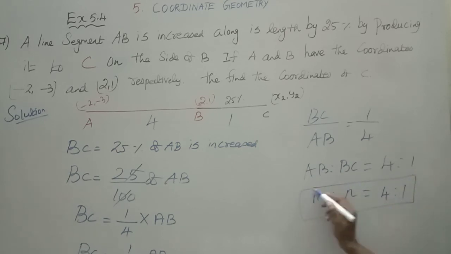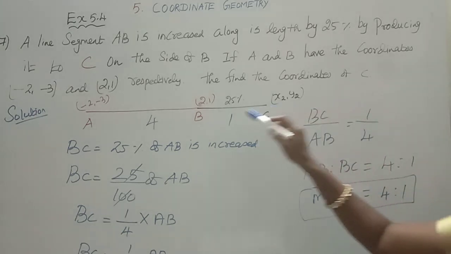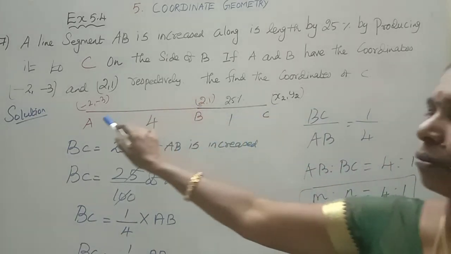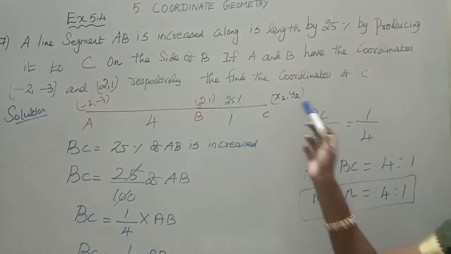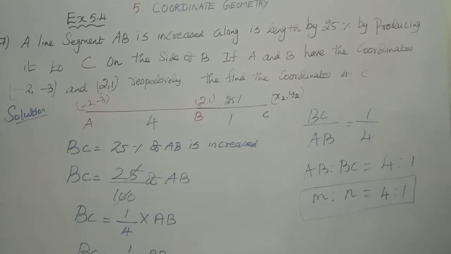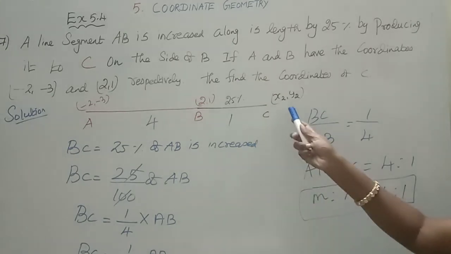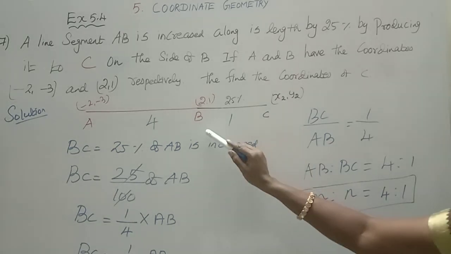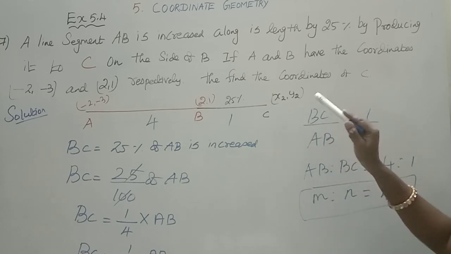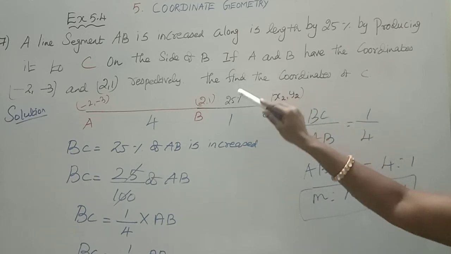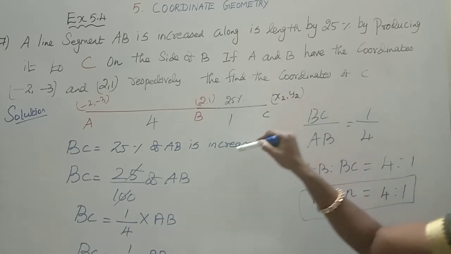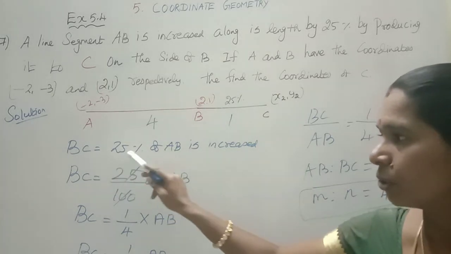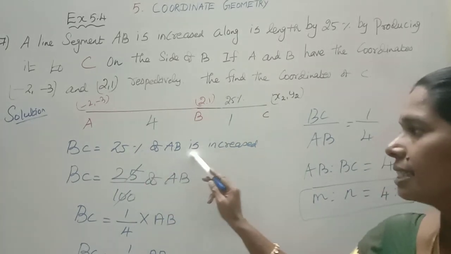Now children, I have found the ratio for you, and you have the one end point and the ratio. You can find the other end (x2, y2) using the section formula, like our exercise first sum. Here we have to keep in mind that after B, 25% is increased to C. You write the statement BC equal to 25% of AB is increased.